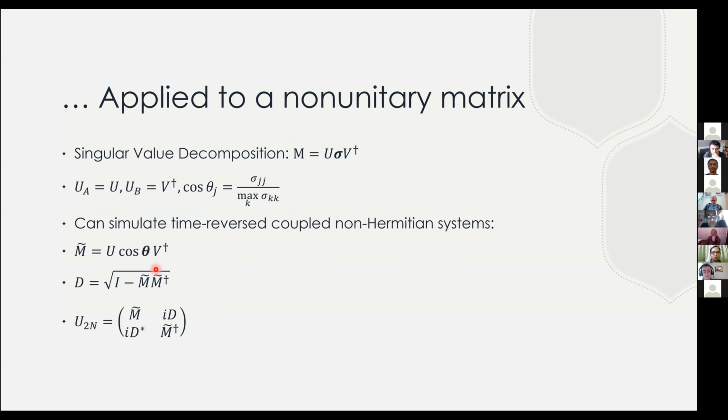And what this means is that we can create a system that's twice the size and it implements transformation M on the top n modes, as well as the transformation M dagger on the bottom n modes. And then between that, there's this term iD and iD star, which is essentially an interaction term between these 2 systems. And D is given here, it turns out, as the square root of I minus M tilde dagger M tilde. M tilde is just the normalized version of M, normalized by the maximum singular value.